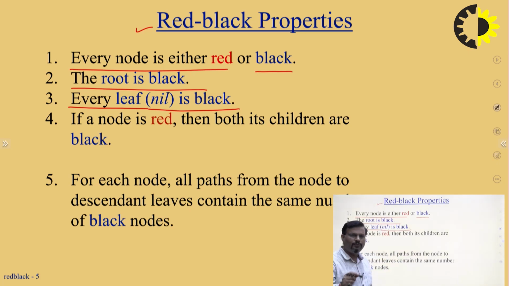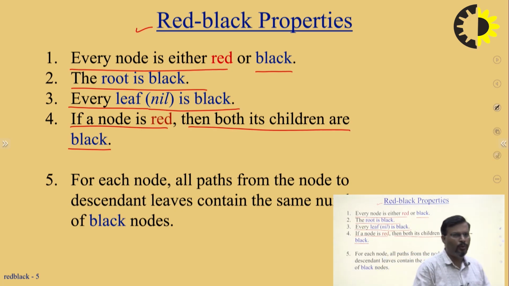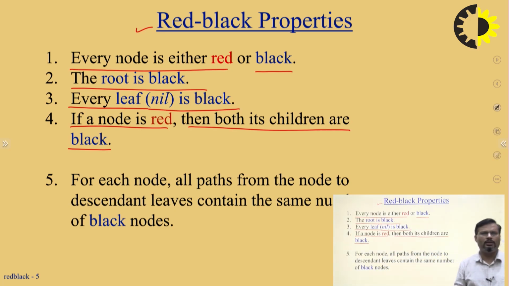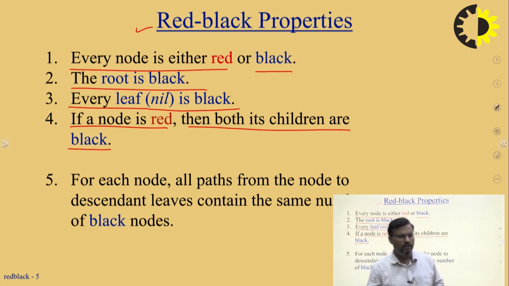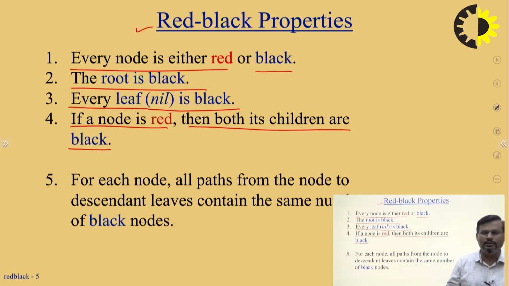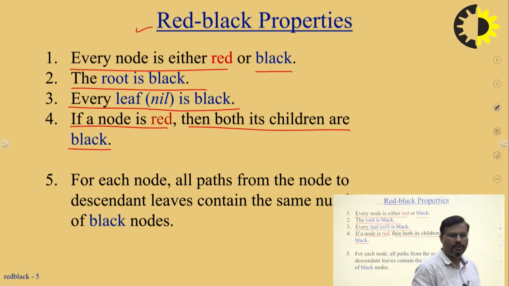Every leaf, the last node, will be nil and also have a black color. If a node is red, then both its children are black. Always keep in mind, if a node is red, it can't have a red child, so it always has black children.